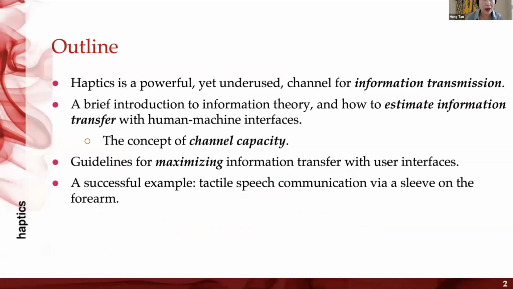So, when we talk about haptics, most people don't realize how powerful haptics is as a channel for information transmission. I will start very briefly with an introduction to information theory, because that's how I think about how we estimate quantitatively how much information we transfer through any sensory modality.